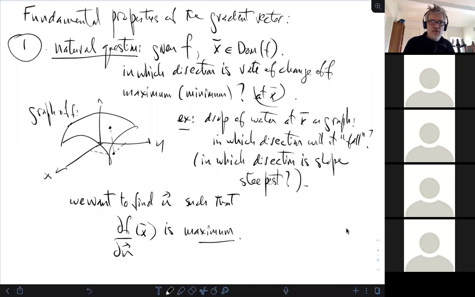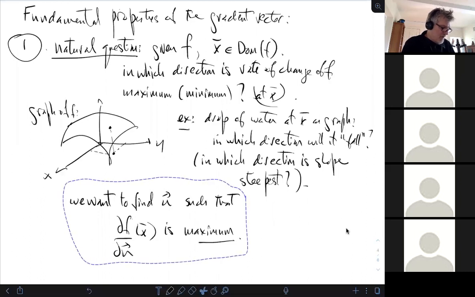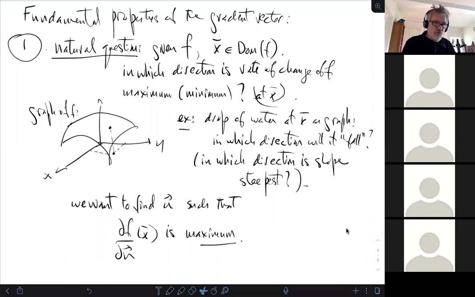Okay, so that's what I'm looking for. Okay, so let's use what we found earlier to compute this partial derivative and see how we can figure out where it's maximum. Okay.